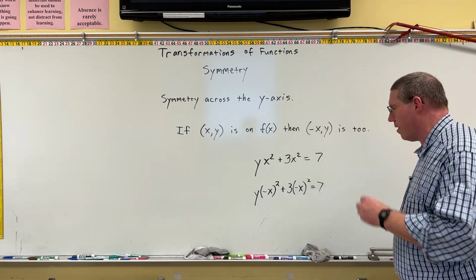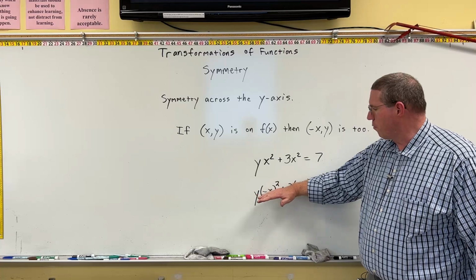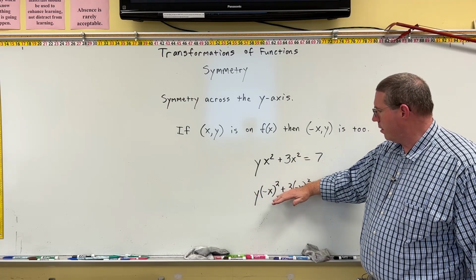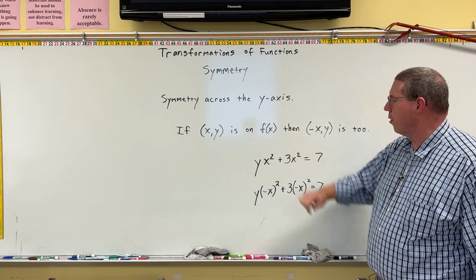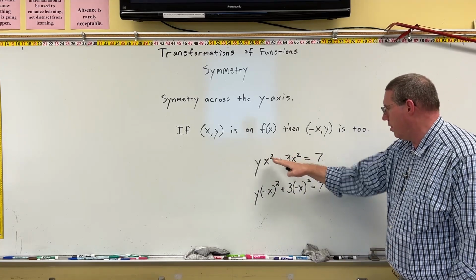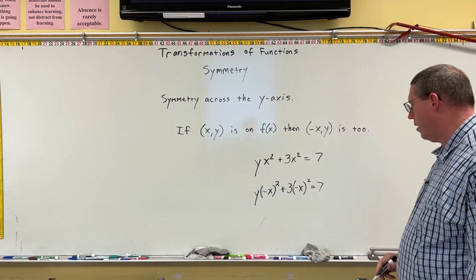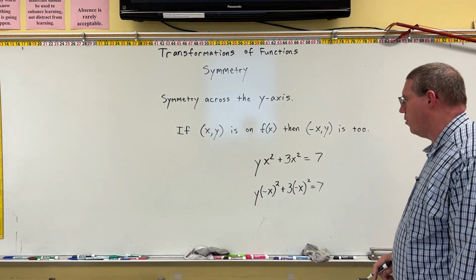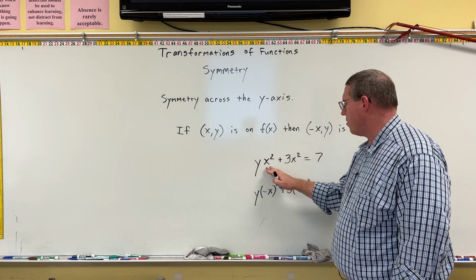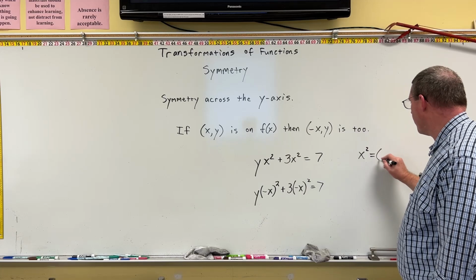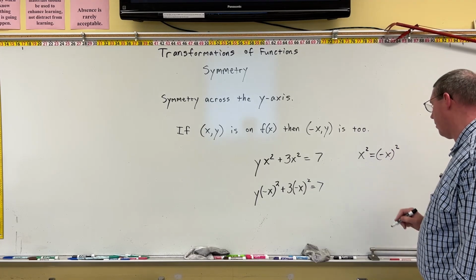And the question is this, does this relation or function result in the exact same thing? Does it result in the same output? Okay, so since this results in 7, would this also result in 7? And so the way that you can understand this is that we know that x squared results in the same output as (-x) squared.